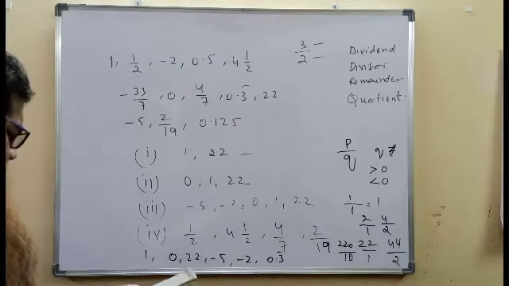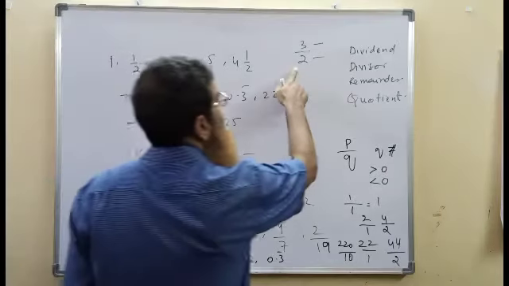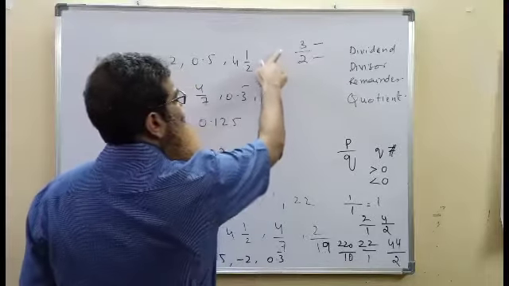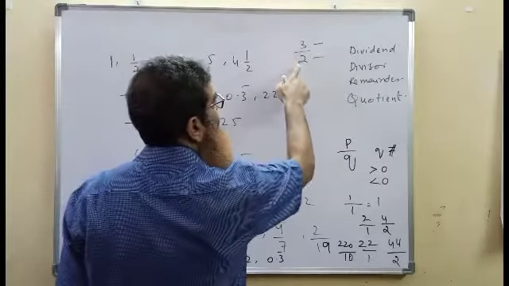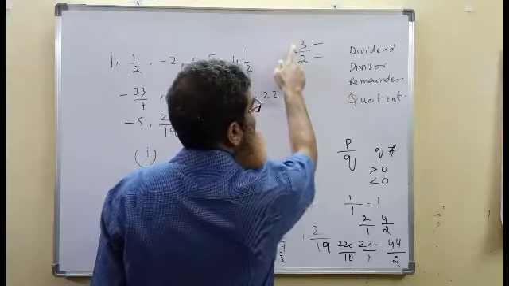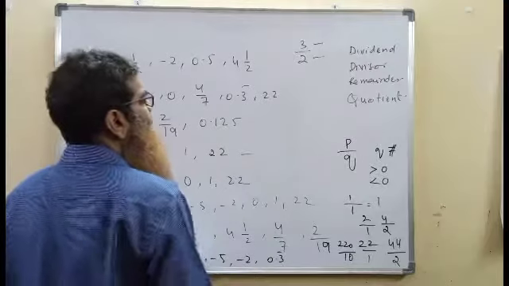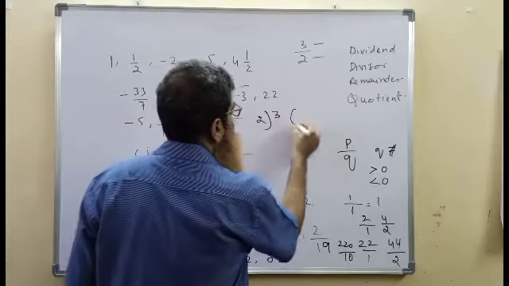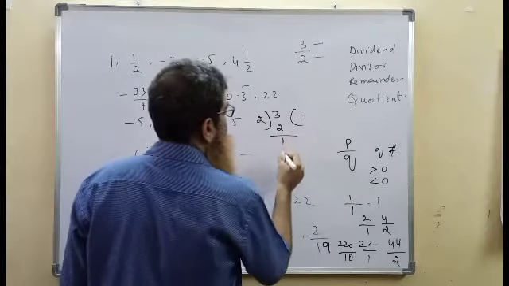We'll revise a little bit as we have discussed. When a number is divided by another number, say 3 is divided by 2, we usually read it in short as 3 by 2, 3 divided by 2. 3 is the dividend, 2 is the divisor, and when we divide, 2 ones are 2, 1 is the remainder.